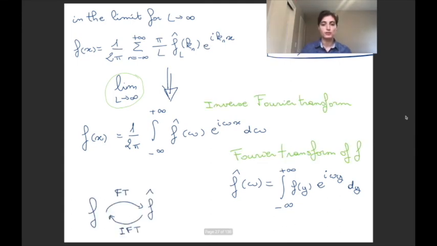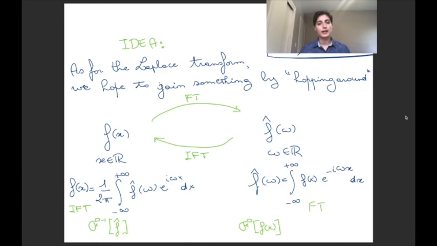So in one direction, we're talking about the Fourier transform, when we're going from f, a function we know, to f hat. And in the other direction, we talk about the inverse Fourier transform, when the knowledge about f hat transforms back to the knowledge of f(x). The idea when we're talking about Fourier transforms is following very closely the idea of the Laplace transform.